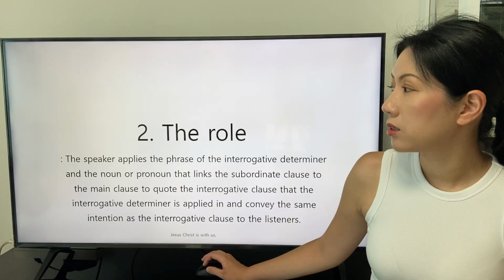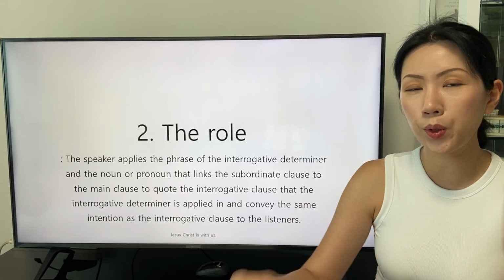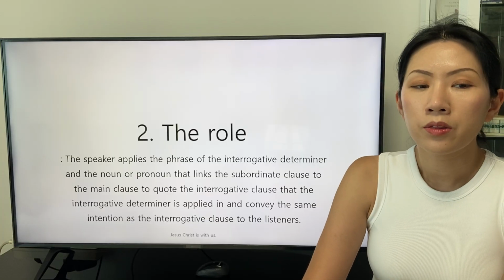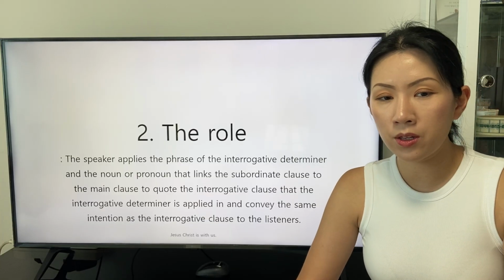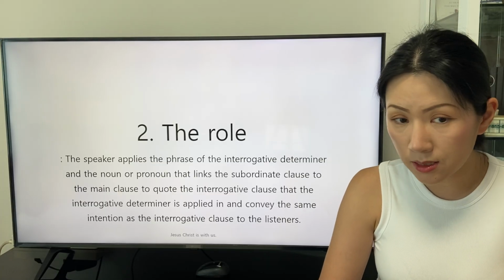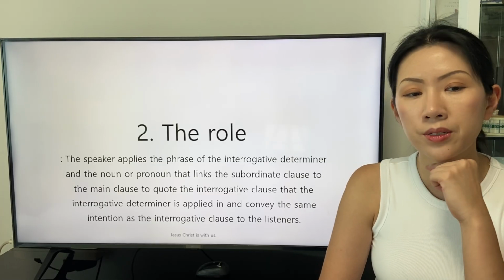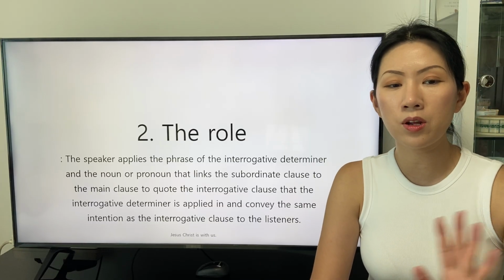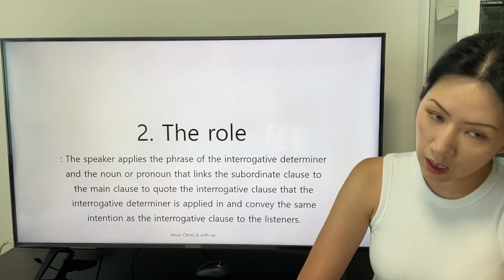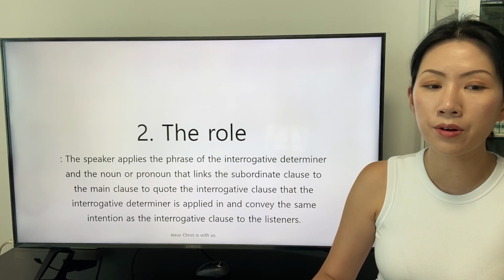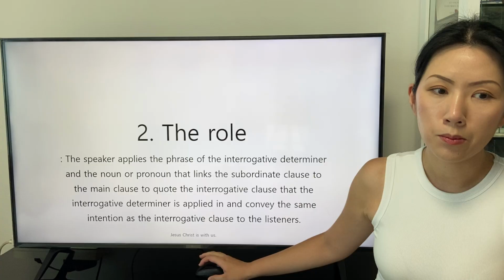Let's study about the role of the subordinating conjunctions. The speaker applies the phrase of the interrogative determiner and the noun or pronoun that links the subordinate clause to the main clause to quote the interrogative clause that the interrogative determiner is applied in and convey the same intention as the interrogative clause to the listeners.